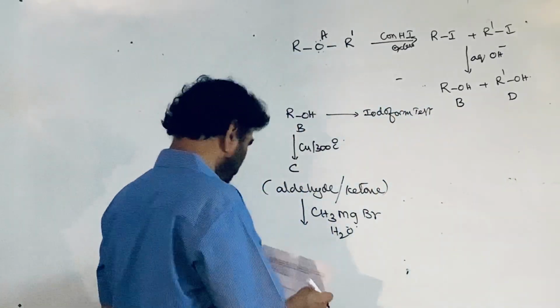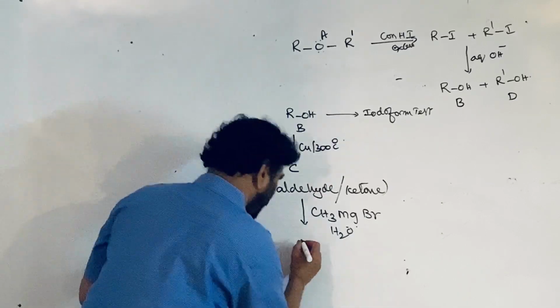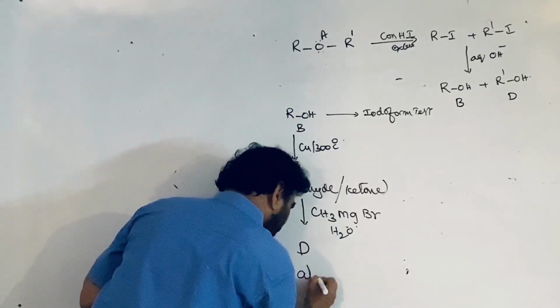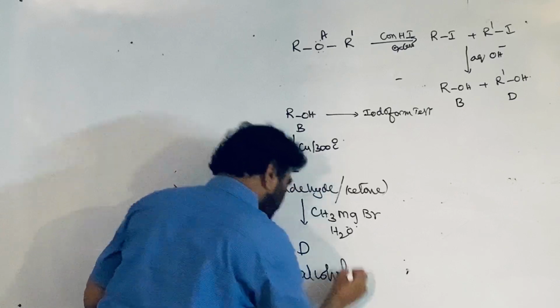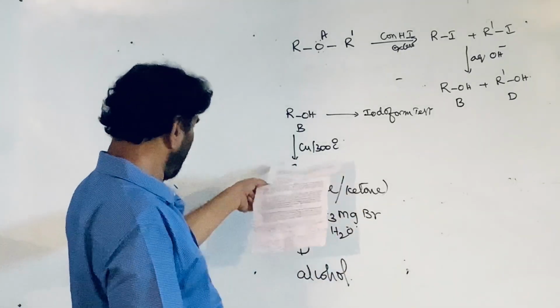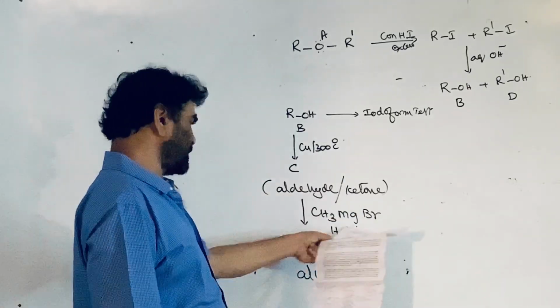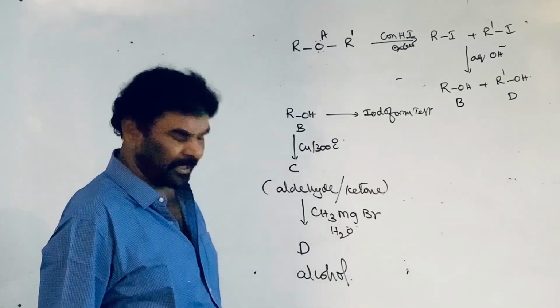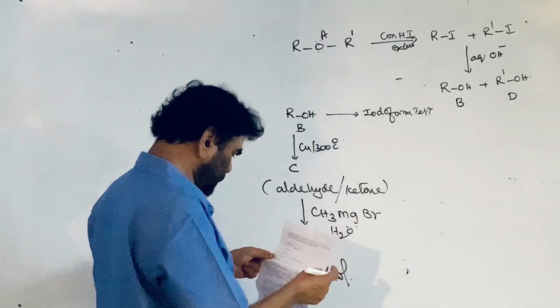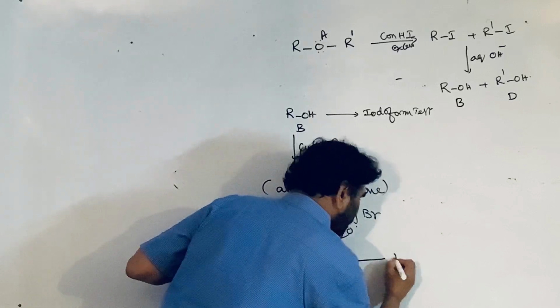So now D is formed. D is an alcohol, right? Again, aldehyde or ketone, whatever it is, treated with the Grignard reagent, alcohol D is formed. This gives the iodoform test.